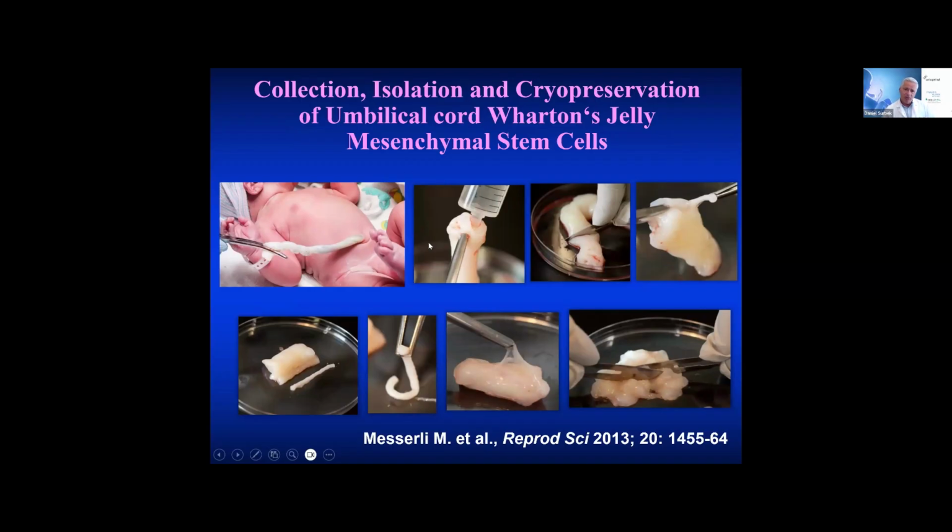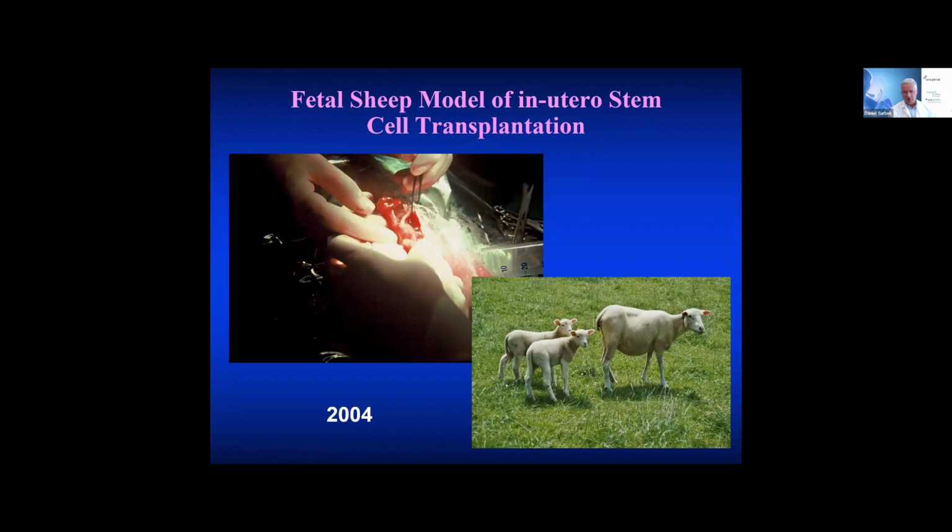Then you can flush the vessels, take out the vessels, dissect the tissue, and then extract and isolate the Wharton's jelly, put it in cultures, and there you have a nice culture of proliferating undifferentiated mesenchymal stem cells, which can also then be stored for a long time by controlled-rate freezing and storage in liquid nitrogen.